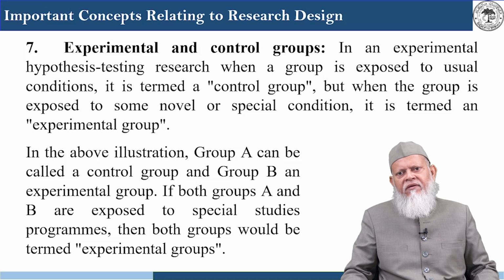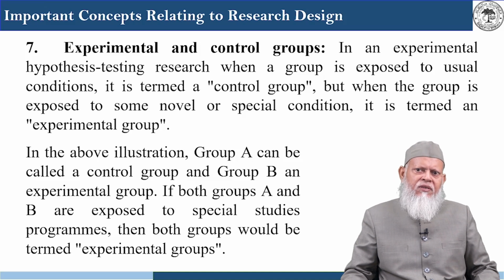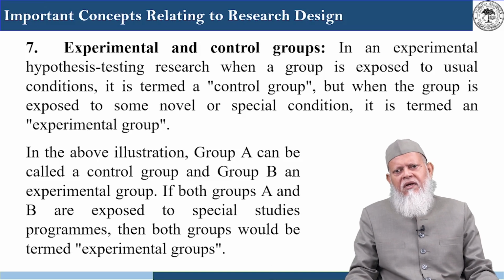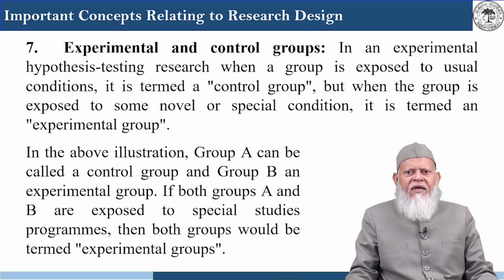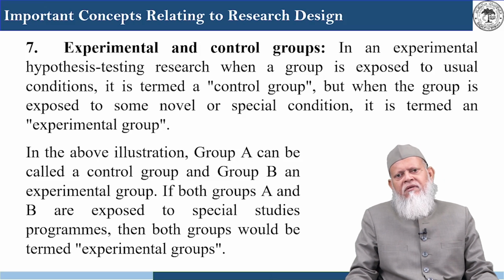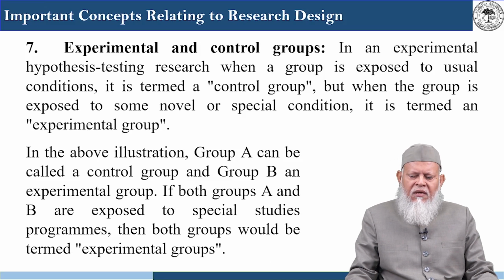So the group which remains normal, under control, is called the control group, whereas the group in which along with the normal there is a special treatment to study the impact of this independent variable is called the experimental group.